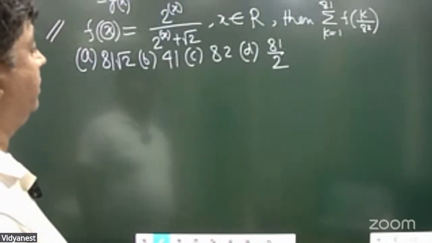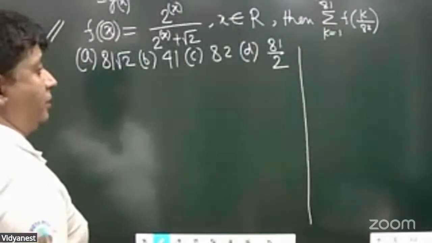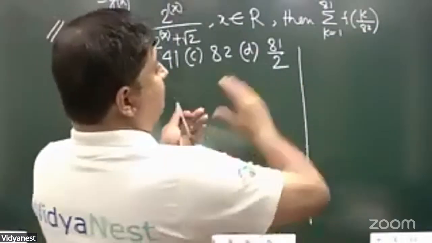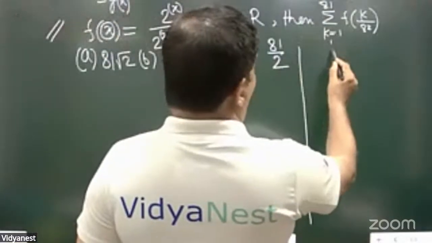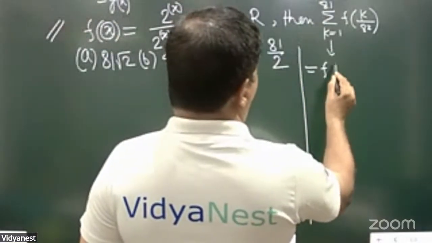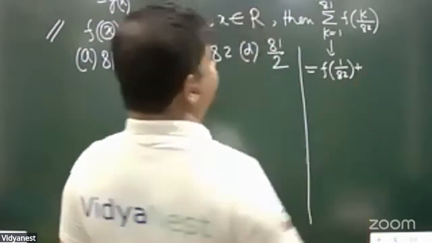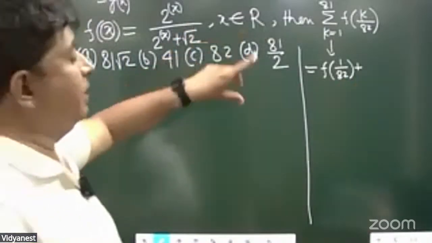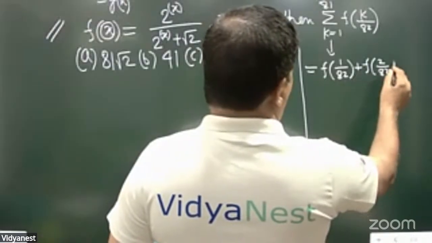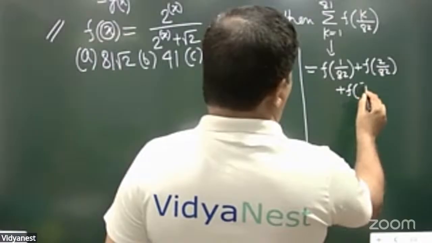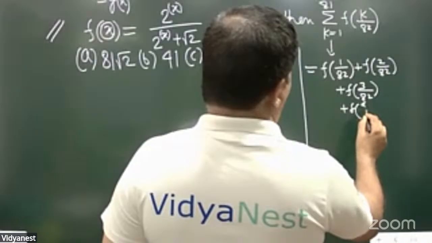See, first of all, as a side note, I am expanding the summation. I am removing the summation sign. How? I am putting f(1/82) plus, k will be increased by 1, f(2/82) plus f(3/82) plus f(4/82).